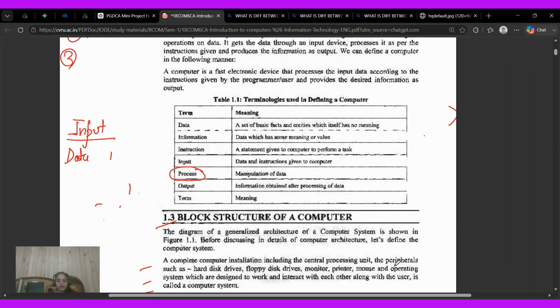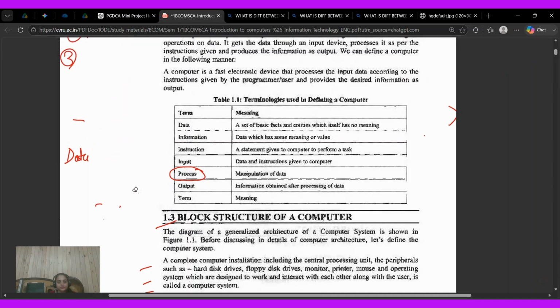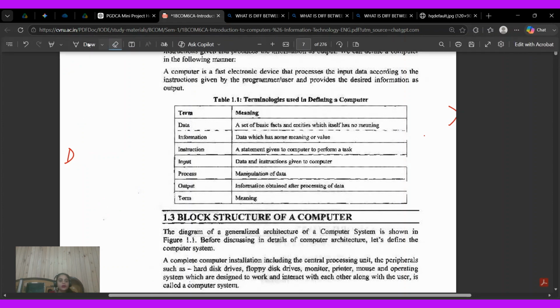Okay, so let me write that. Let me erase it first of all. So moving ahead, processing is a very important part.